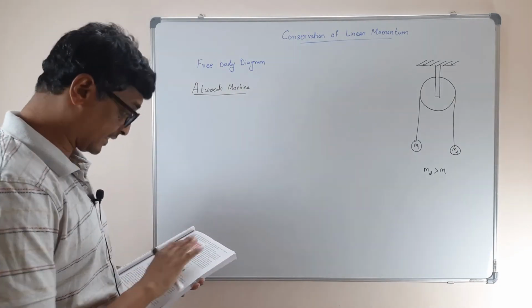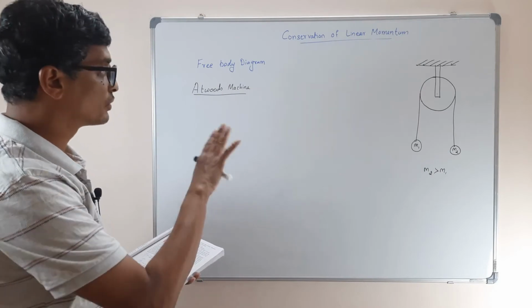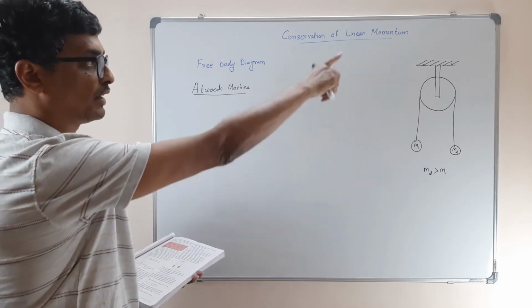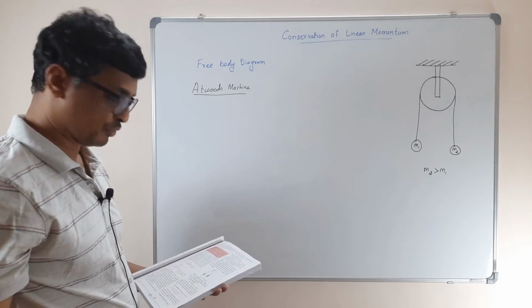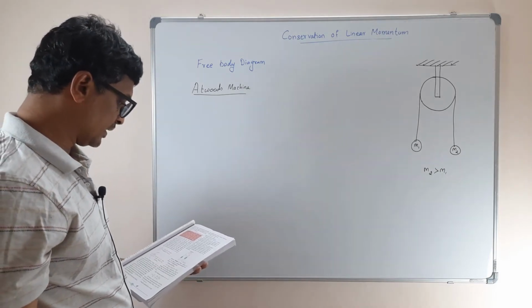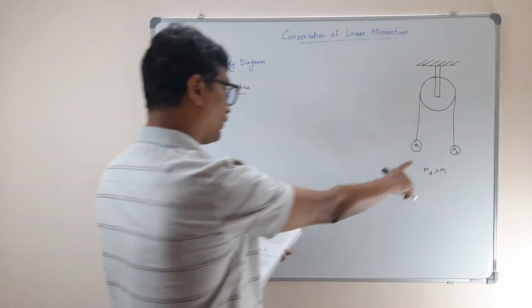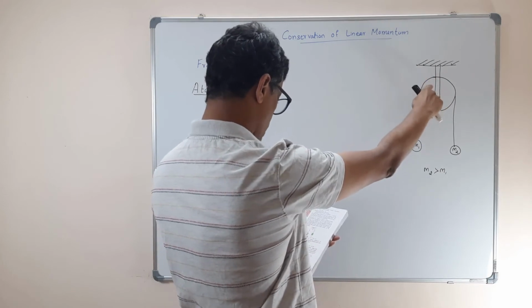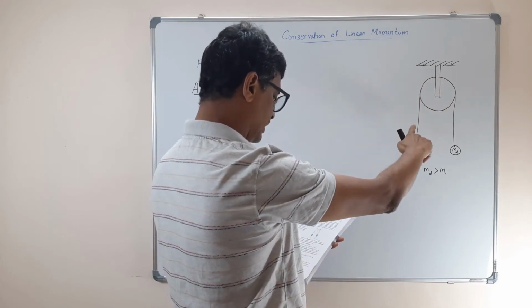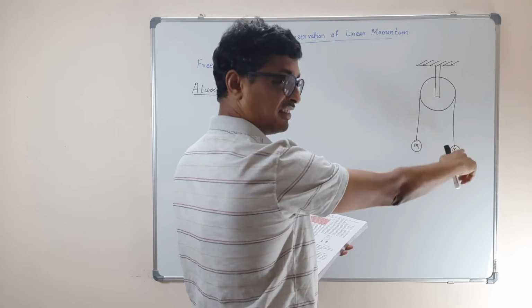This exercise, this example they gave, is what you call Atwood's machine, where you connect the masses over a single pulley. It says: the figure shows a fixed pulley, a massless inextensible string.